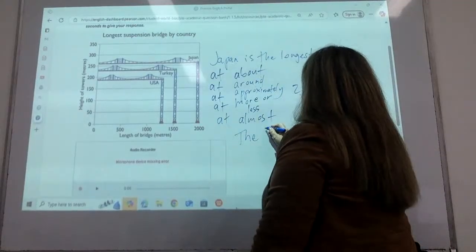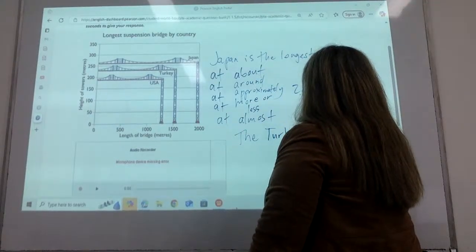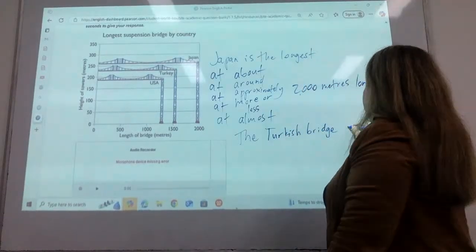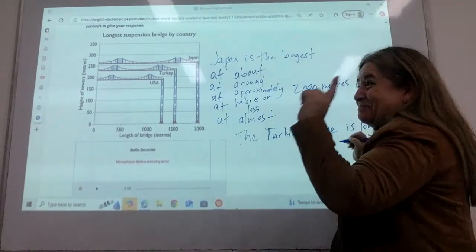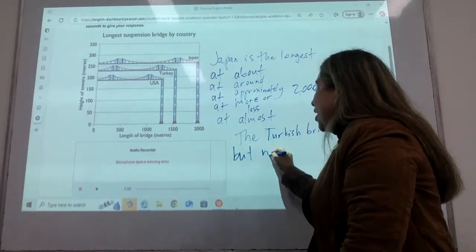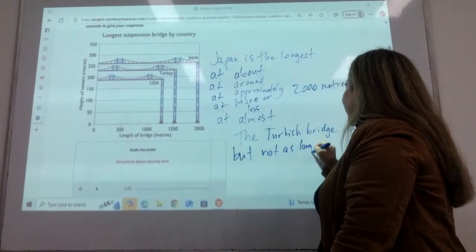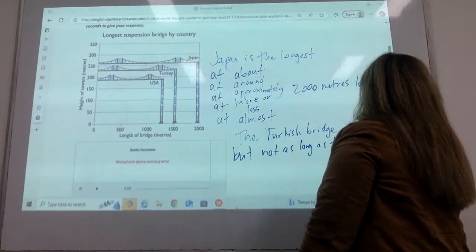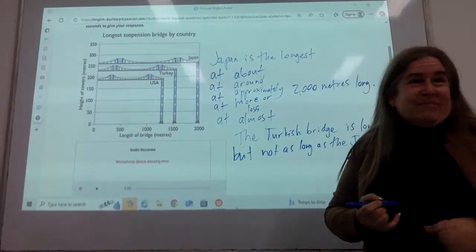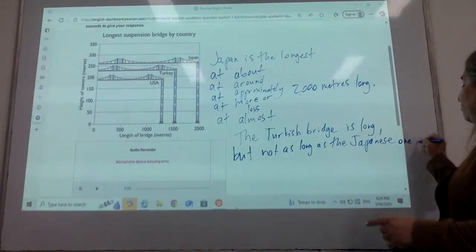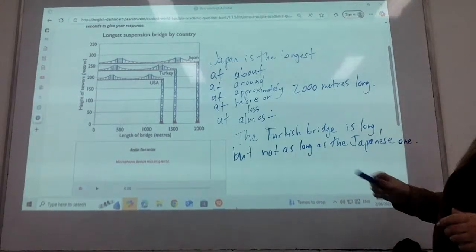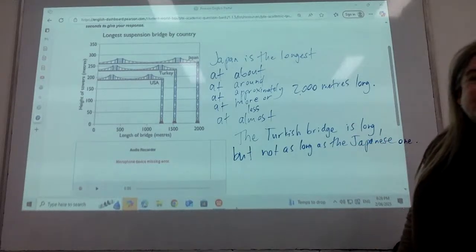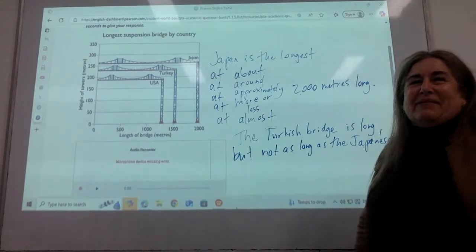So the Turkish bridge is long, but not as long as the Japanese bridge. Or not as long as the Japanese. Or we could even say the Japanese one, correct? We've talked about that, where we don't need to repeat the bridge. That's a good one.